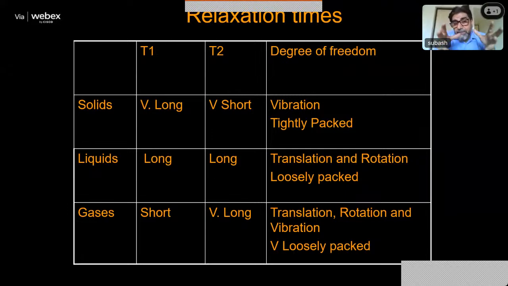Since gases are very loosely packed, spins are much farther away, so the exchange process is very slow, and they have very long T2 relaxation times. If you have something semi-solid, semi-liquid, or semi-gaseous, these T1 and T2 values will vary accordingly, and they will give you a different contrast in the images.